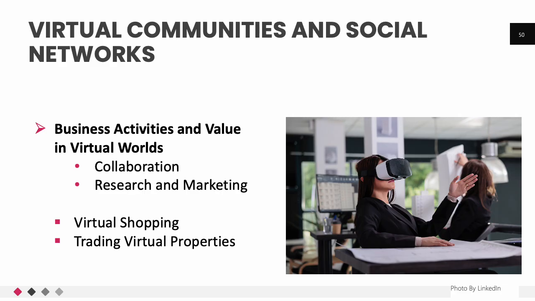Okay, so now let's talk about collaboration. Businesses can use virtual worlds as a new kind of meeting place or workspace. Instead of making a video call, imagine employees or team members meeting as avatars in a virtual office, walking around, interacting with 3D models of the products, or having discussions in a more immersive setting.